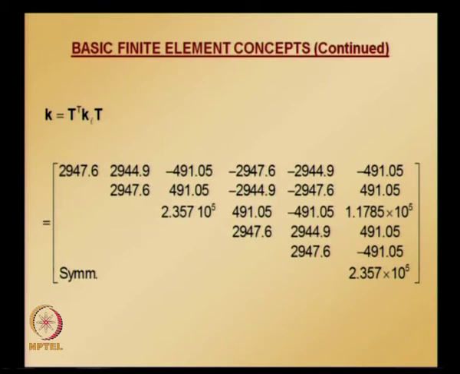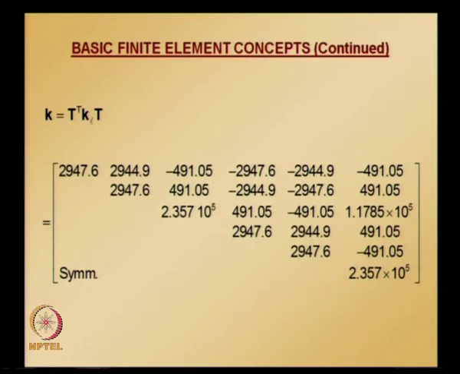Please note that this element 1 contribution goes into specific locations, and at each node you have 3 degrees of freedom. Frame element 1 is connecting nodes 1 and 2, so the contribution goes into rows and columns 1, 2, 3, 4, 5, 6 of the global equation system. Element 2 is connecting nodes 2 and 3, so the contribution goes into rows and columns 4, 5, 6, 7, 8, 9.